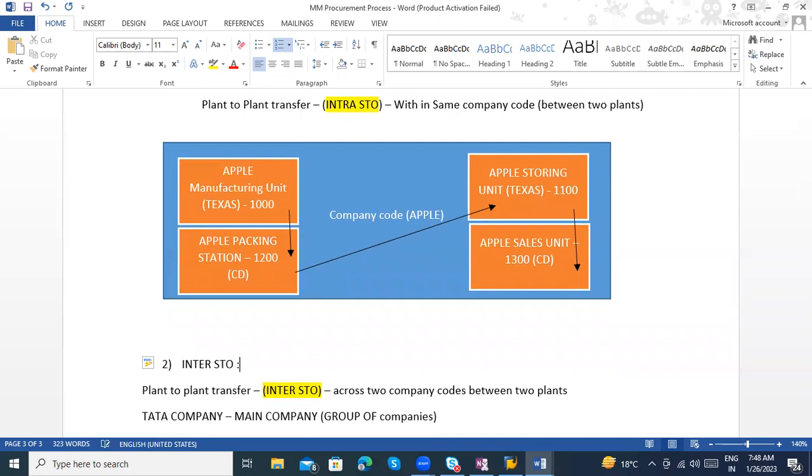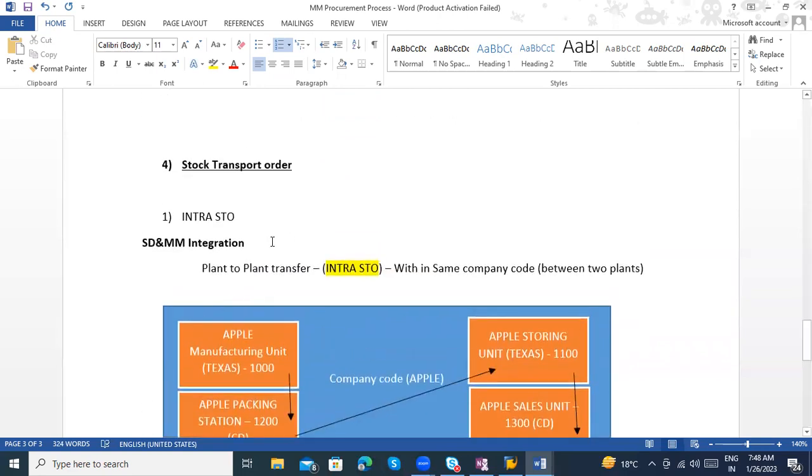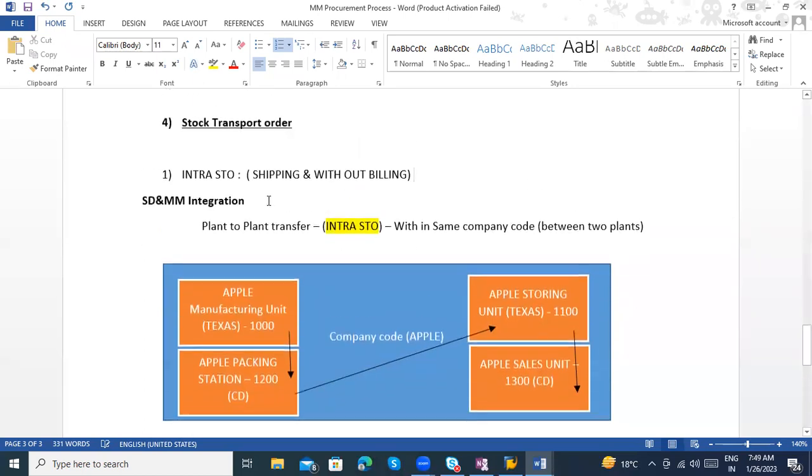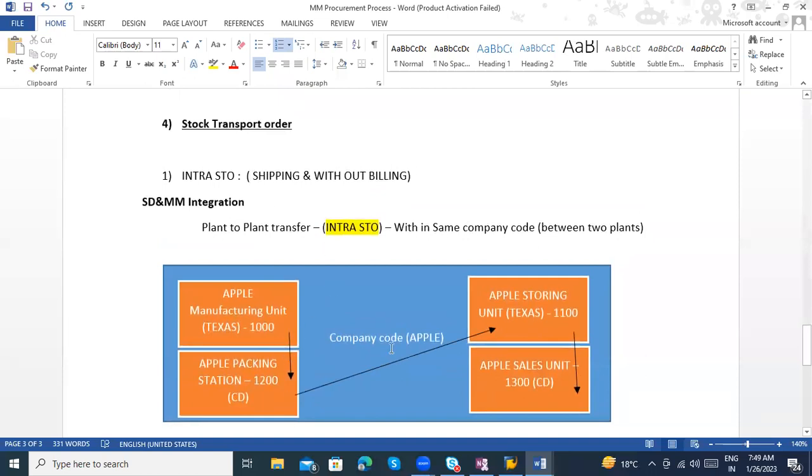Here I need to point out one thing. When we talk about the intra-STO, this is shipping without billing, because it is within the same company code. Shipping is nothing but dispatching the stock from one location to another.